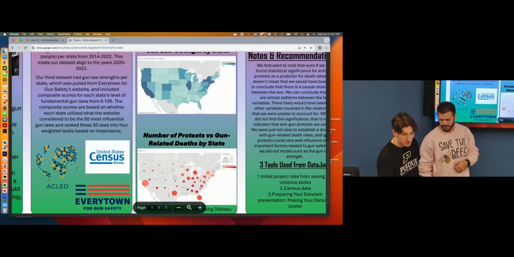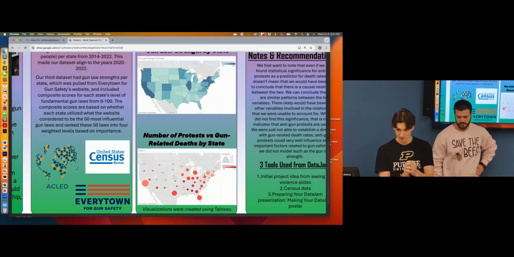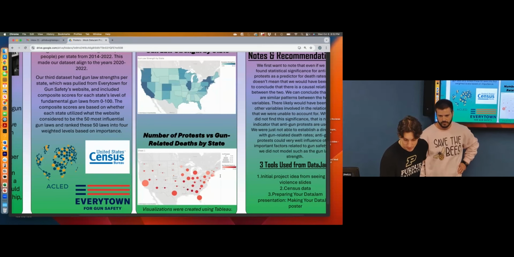The interesting part that was not indicative of what we were seeing was that areas that surround those darker colored states also seem to reap the benefits of lower gun-related deaths, especially if they're not near or touching states that had higher rates of death. So for example, a good area would be Maine, New Hampshire, and Vermont, up in the New England area.